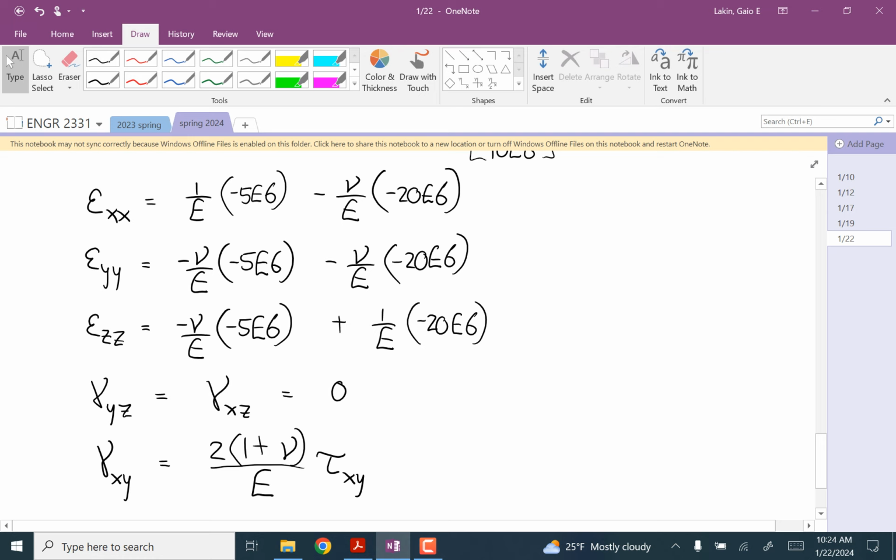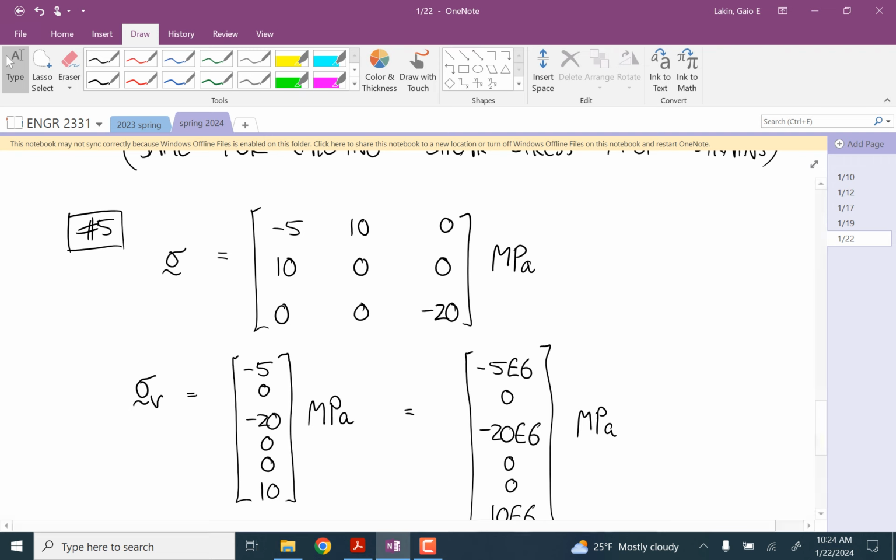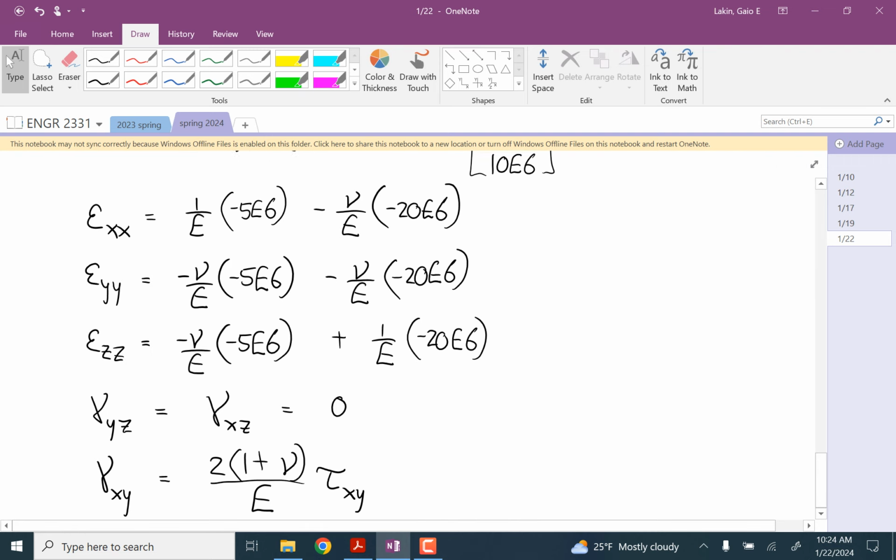So I got a value for EXX of positive 5 times 10 to the minus 6. Yeah. Okay. One thing that's a little surprising, if you think about what these signs mean, is that we have an XX normal stress that's negative.